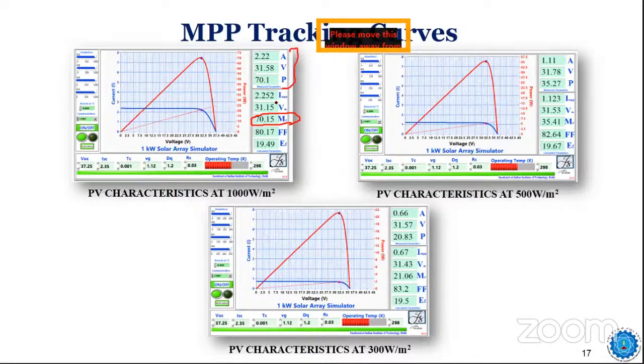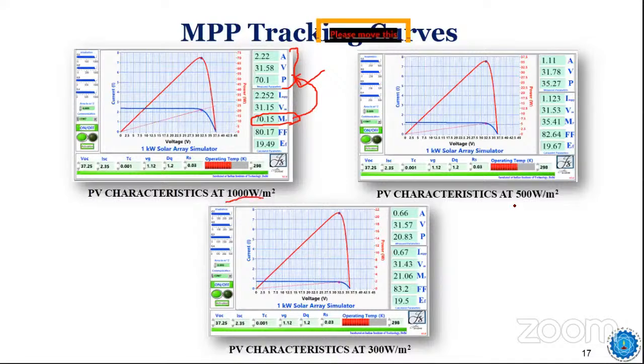As it's tracked, you can see we are able to track 70.1 watt of power. So almost accurate. Our efficiency of maximum power point tracking is more than 99%, right? So 99.5%. We are able to track maximum power more accurately when the MPPT technique is on. But this is at 1000 watt per meter square irradiation.